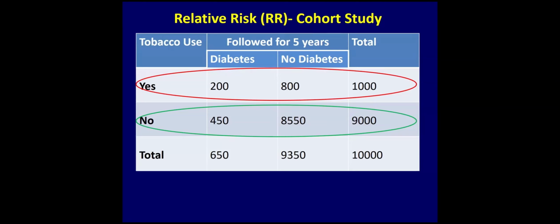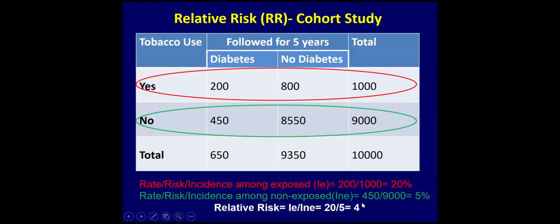It's the risk among those who are using tobacco compared to those who are not. How big is the incidence among those who are using tobacco when compared to those who are not? How many times? 20% is how many times of 5%? It is 4 times. That is your relative risk.